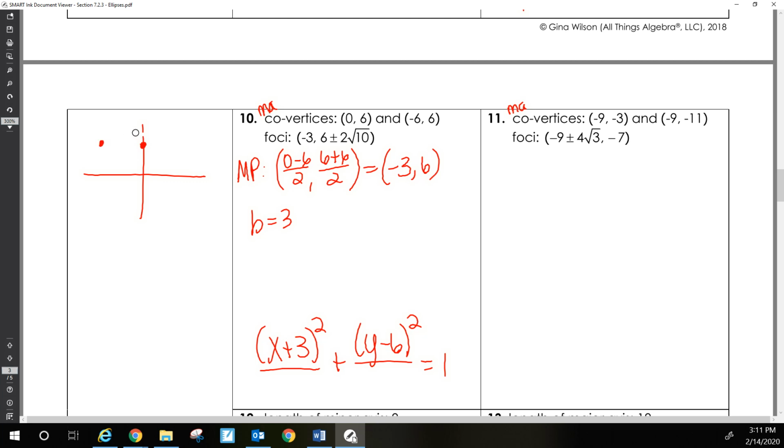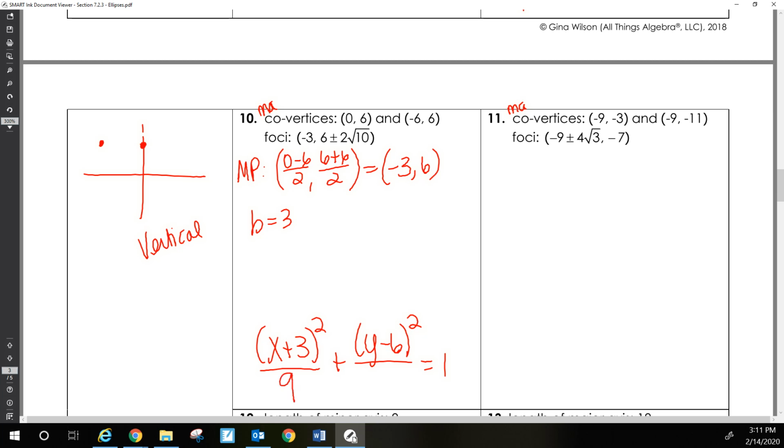So I've got a horizontal minor axis, which means overall this ellipse is going to be vertical. If my smaller axis is horizontal, the ellipse itself is going to be vertical. So the B is going to go underneath the x's because the B is your horizontal length, right? So 3 squared is going to be 9.